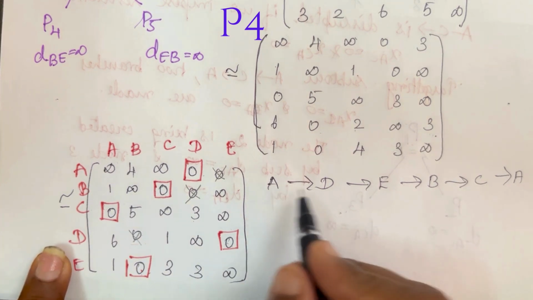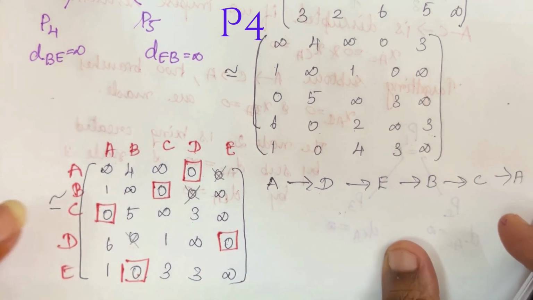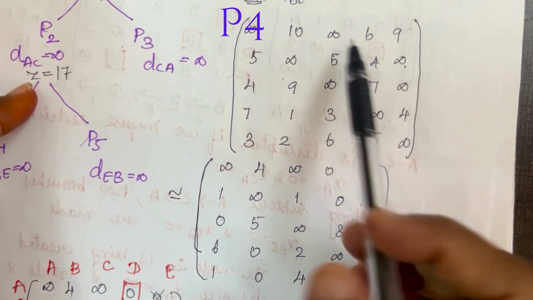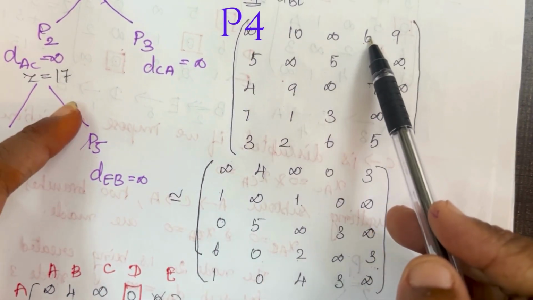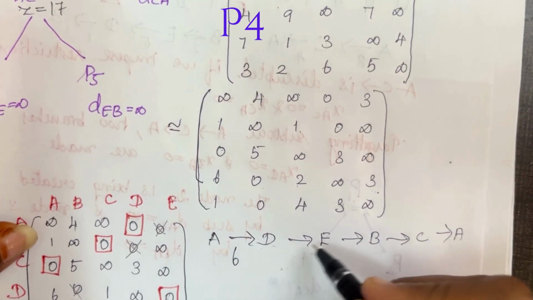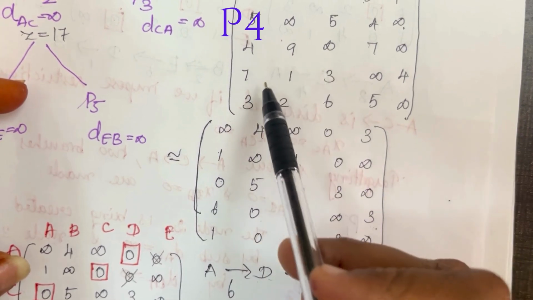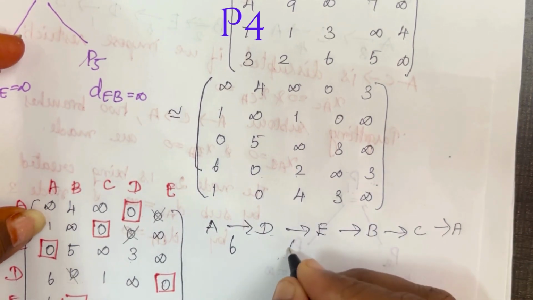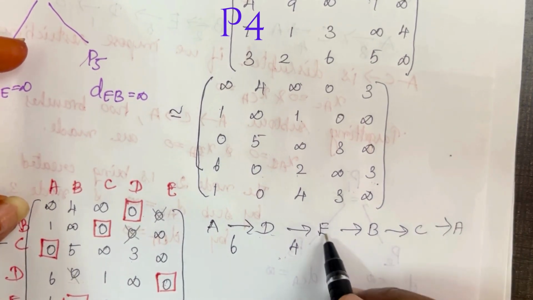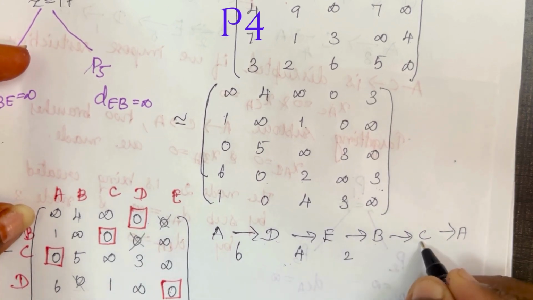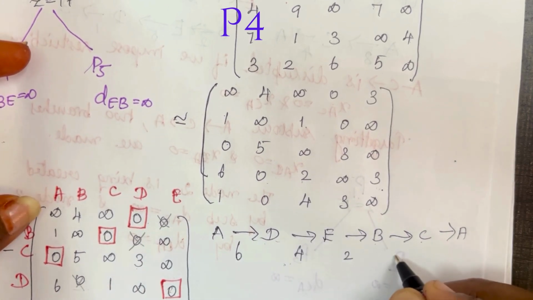Therefore now we need to find the optimum distance. For A to D it is 6, so I'll write 6 here, and for D to E it is 4, and then E to B it is 2.